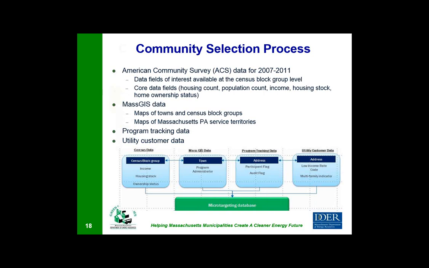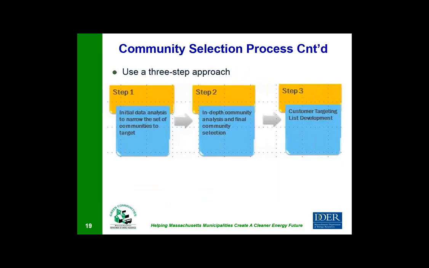Once we had this database together, we really used a three-step approach. So step one was to take that database and conduct some initial data analysis to narrow the set of communities. And during the first step, we analyzed the data looking for a high concentration of those low to moderate income customers, as well as customers living in 1 to 4 unit structures.